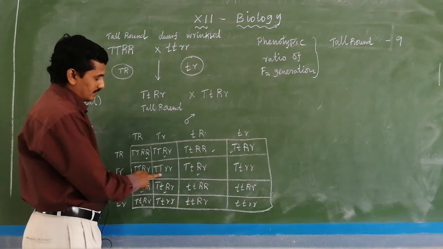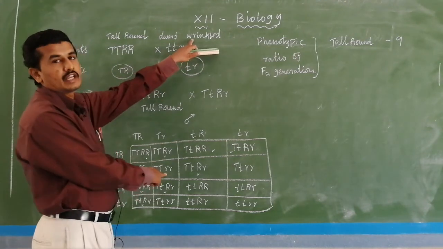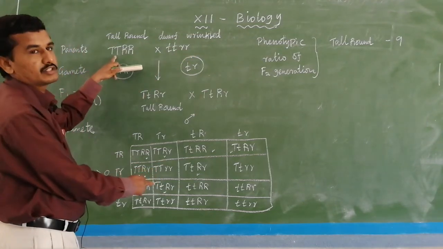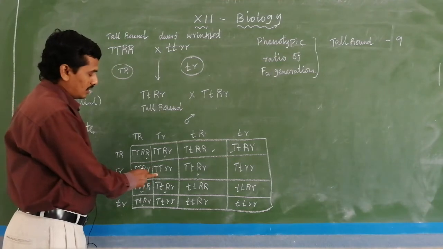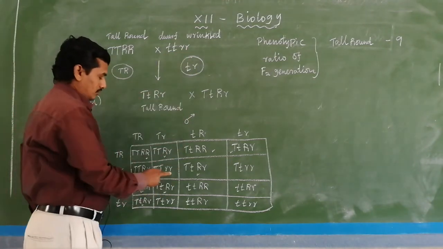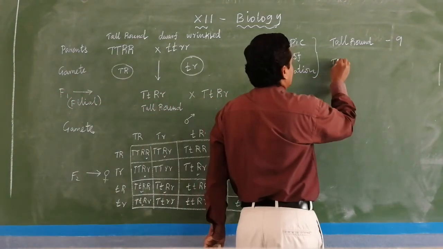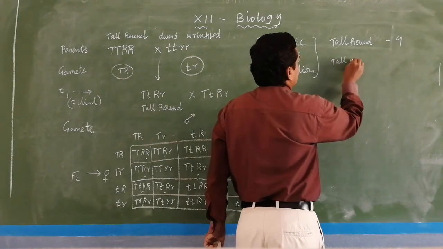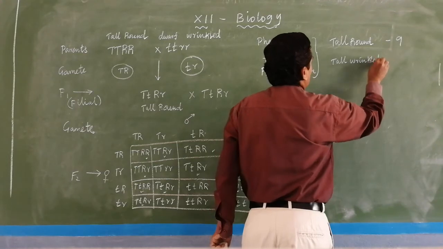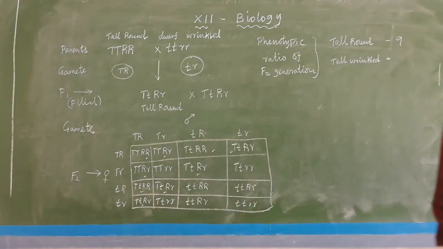Tall plant with wrinkled seeds. Small r means it expresses the wrinkled. Here capital T means it is expressing the tall. So this plant is tall and wrinkled, small r here. So this is a tall plant with wrinkled seeds. The next character we take: tall plant with wrinkled seeds.